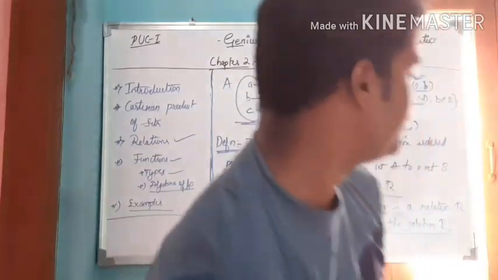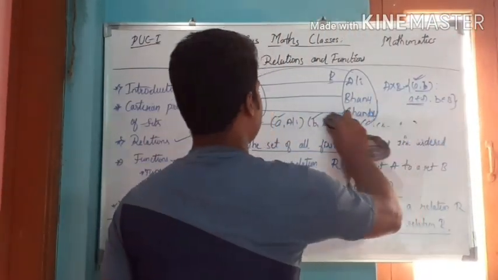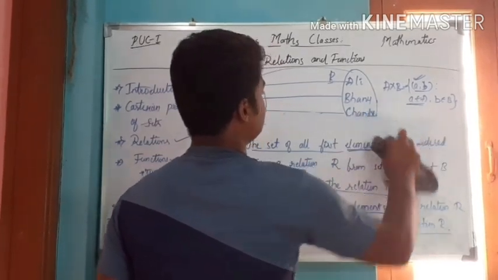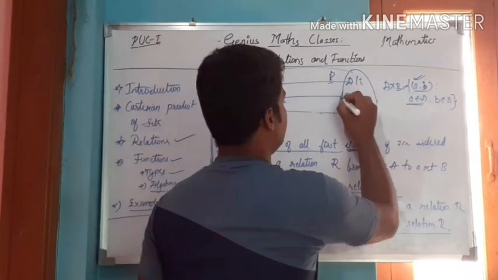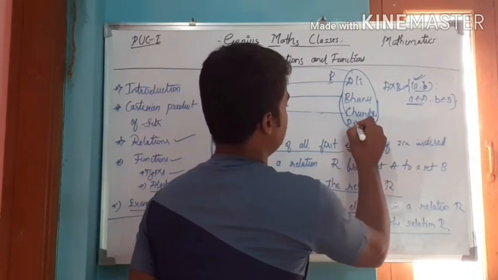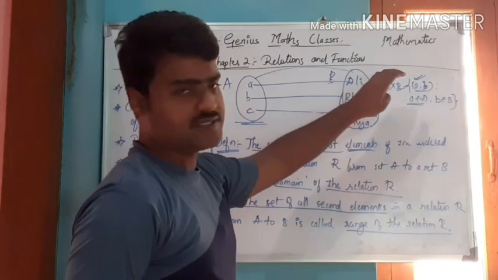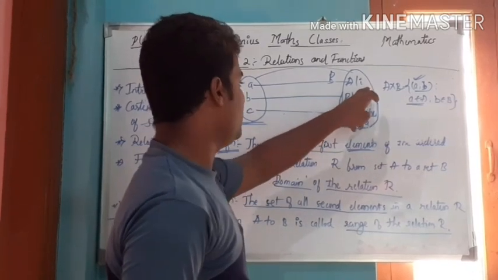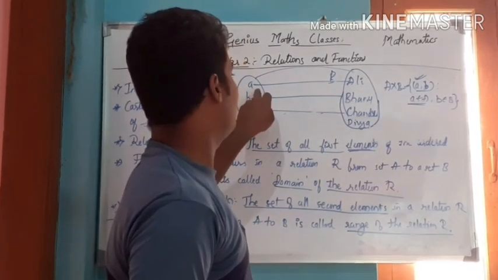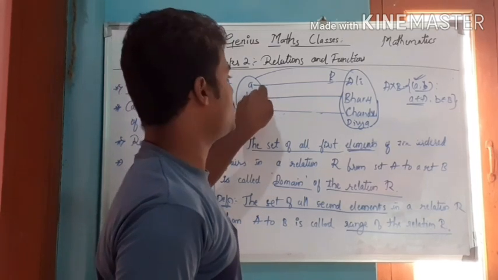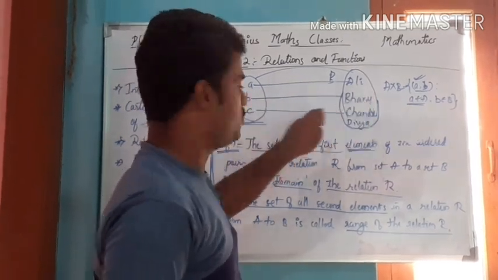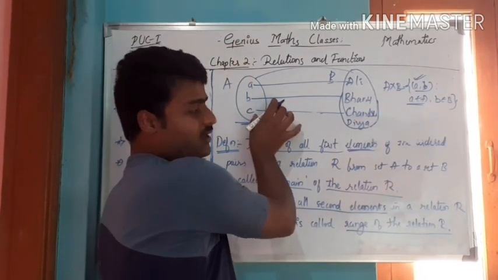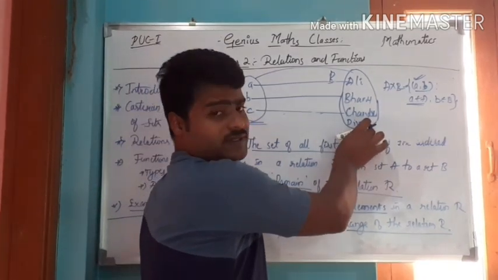If I consider some other name in set B, that is Divya, which belongs to set B: A is the first letter of Ali, B is the first letter of Banu, C is the first letter of Chandru, whereas there is no element in set A which is the first letter of the name Divya.